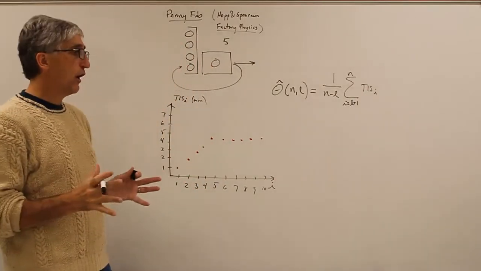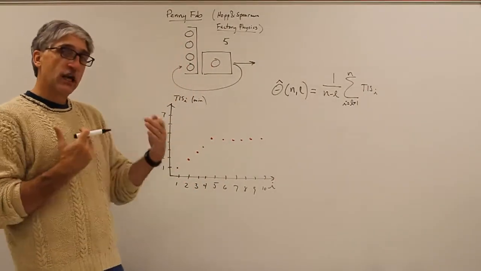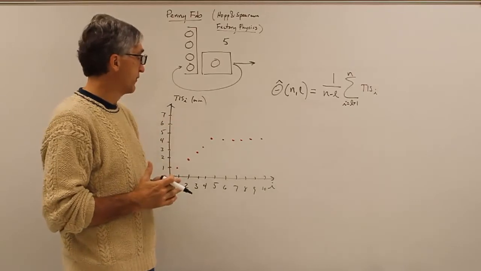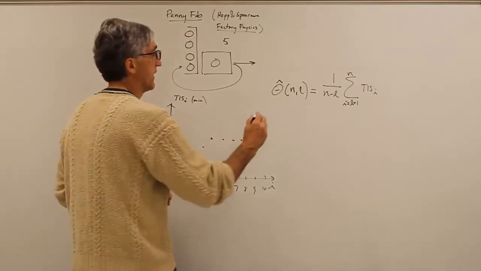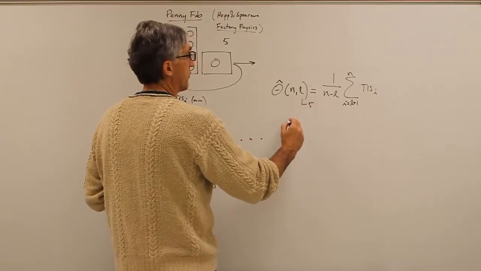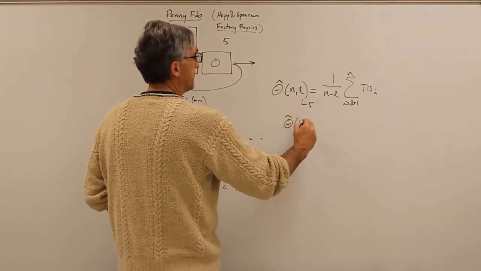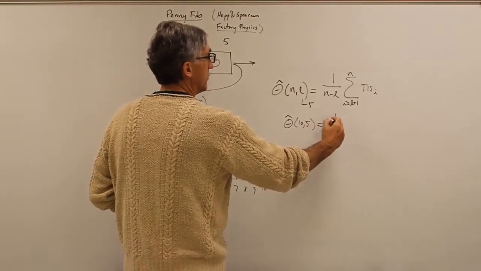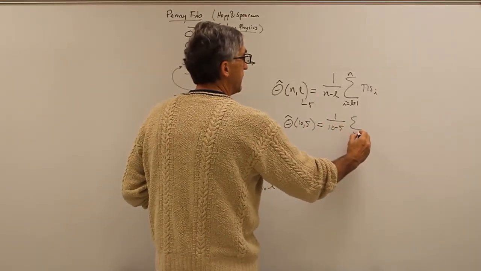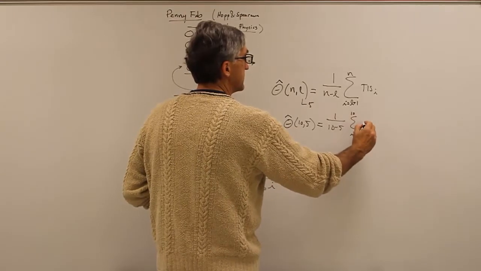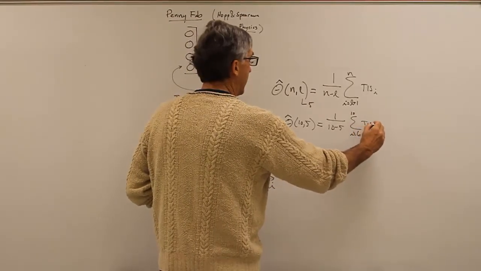Right, so instead of using all of the values, I'm going to chop off the first L values. So for example, suppose I let L equal 5. Right? So I'm going to have theta of 10, 5 is equal to 1 over 10 minus 5 summation i equals 6 to 10 of TISI.